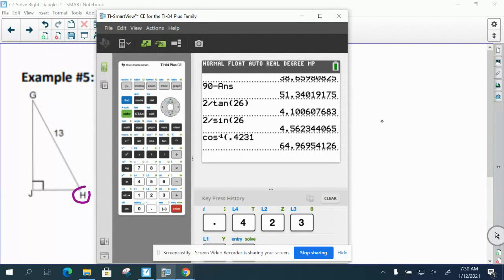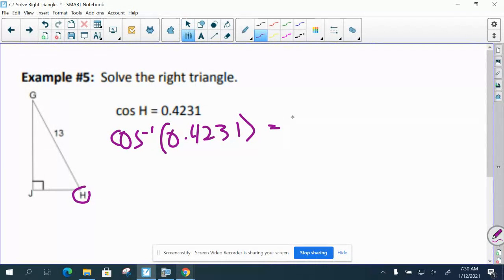I'm going to call that 97. Actually, yeah, let's call that 64. Let's just call it 65. That's what I have in my notes. Okay, so 65 degrees. That's fine.